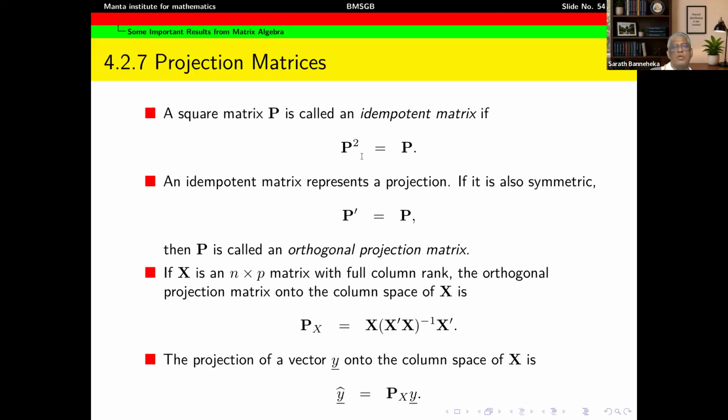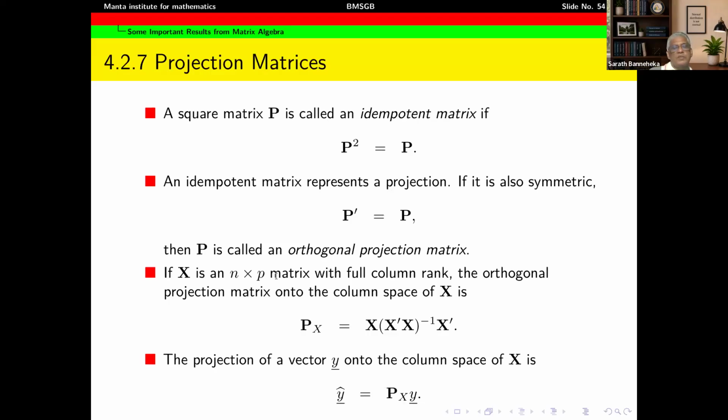In that case, of course, idempotent matrix, we have P square equal to P. And if it is symmetric, then it's an orthogonal projection matrix. That means in that case, the vectors of the matrix P will be perpendicular to each other. Right.